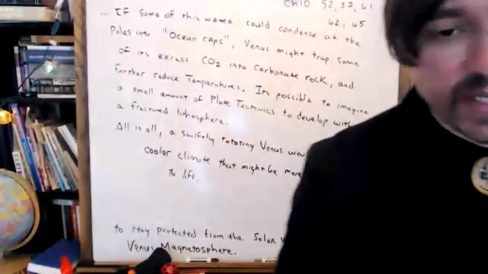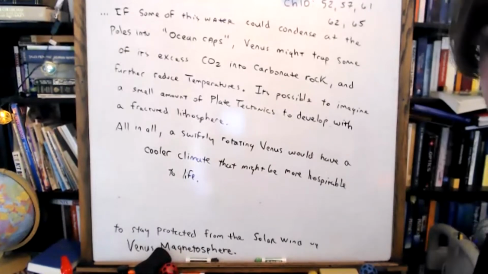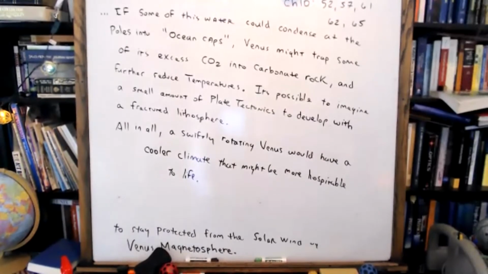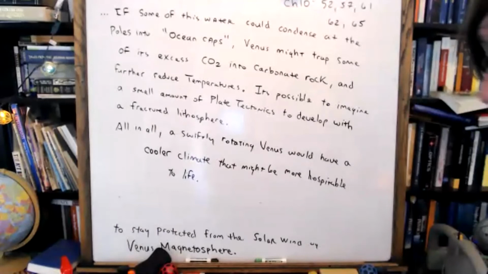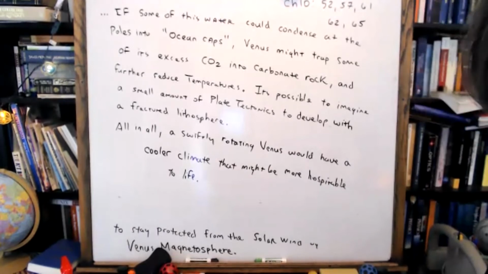And yes, Ian, it suggests that if we could somehow spin Venus up, we might be able to allow it to terraform itself. I'm not sure how we would do that. Definitely not achievable at the moment.